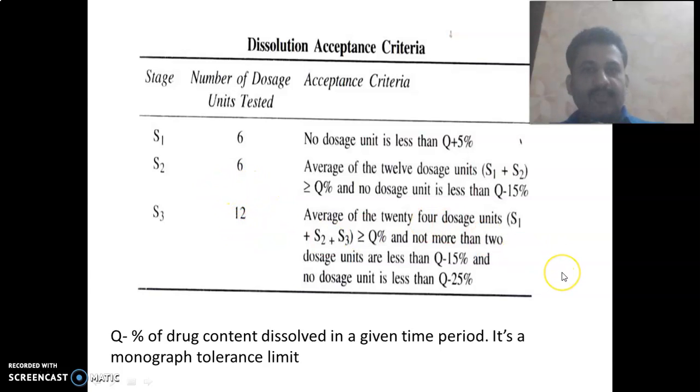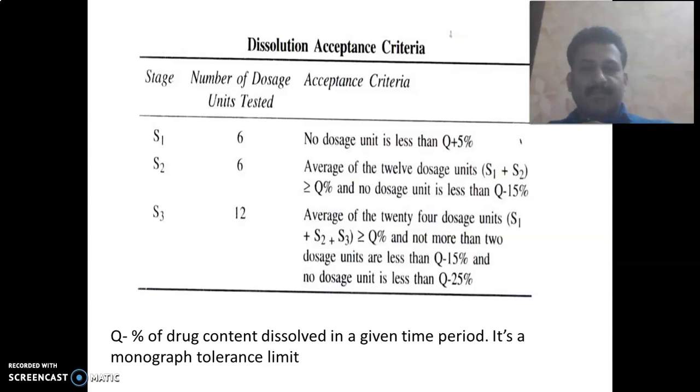So a total of 24 will be there. Take the average of the 24 units. The average of the 24 units should be equal to or more than Q, and no more than 2 units may be below Q minus 25%.